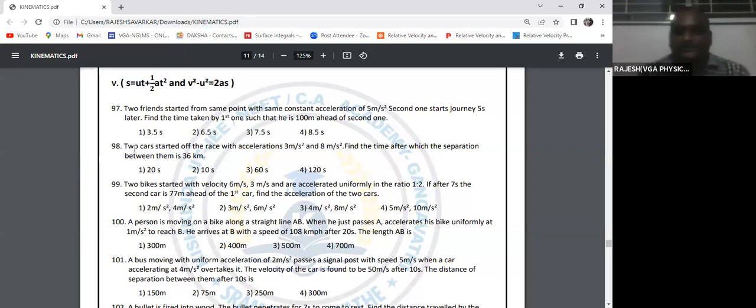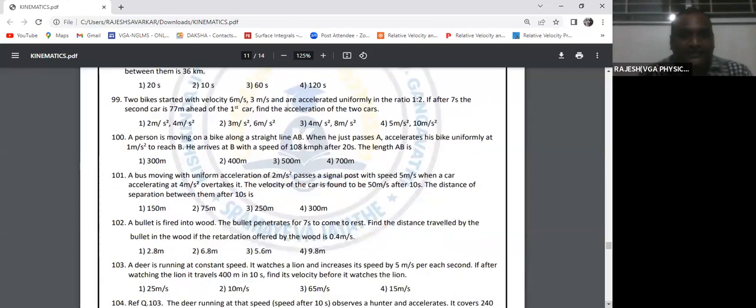You have to segregate. You should not write just U, A, T, then you will get confused whether this U belongs to the first one or the second one. When you are comparing two things, divide into two parts. For the first part use the subscript 1: U1, A1, T1. For the second part U2, A2, T2. Then they will give you a statement which links these two. Try these questions. Any doubts in this one?